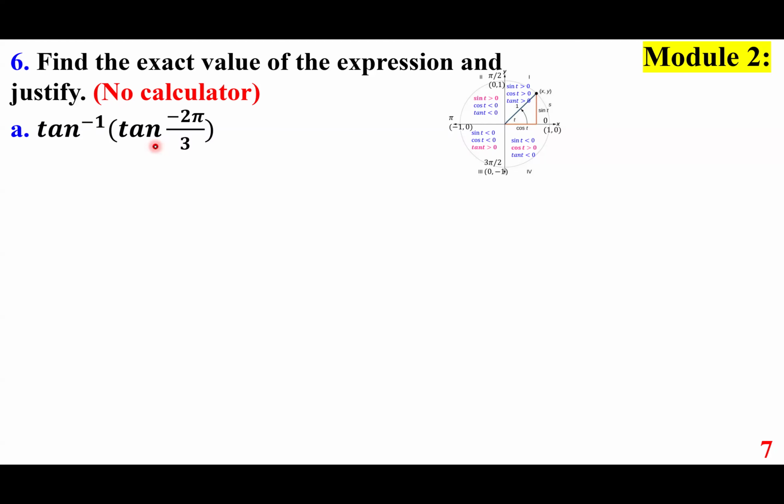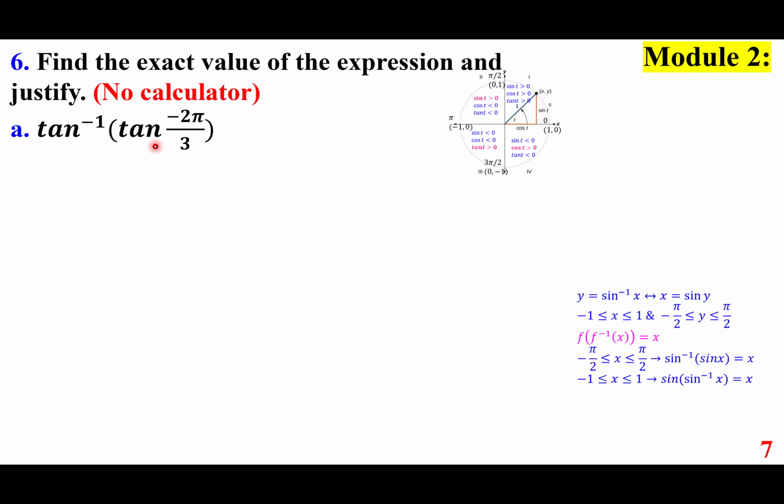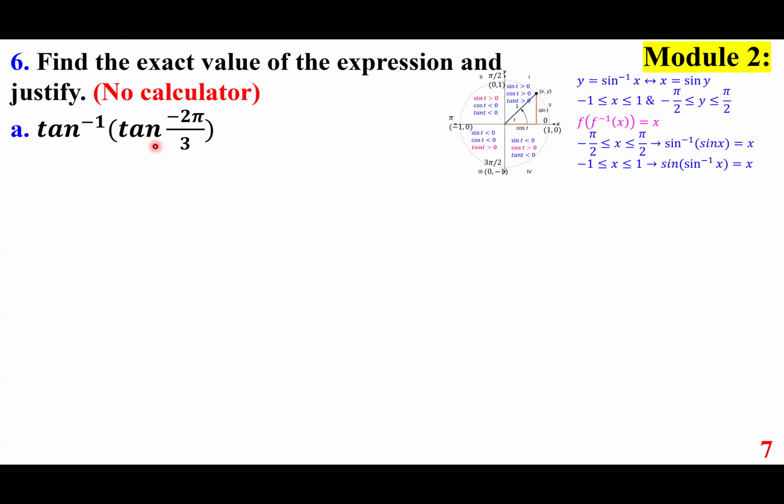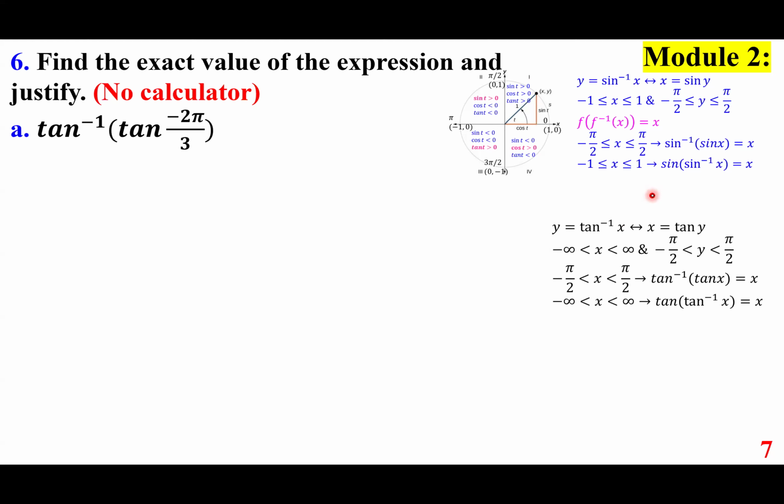Let's remind everybody of a few things. Remember, trigonometric functions, none of them is 1-to-1, so you cut the domain so it becomes 1-to-1, and it has an inverse. For example, for sine, we cut it between -pi over 2 and pi over 2. That means in the first and fourth quadrant. Then it has an inverse. For tan, we do the same thing. Of course, the endpoints are not included.